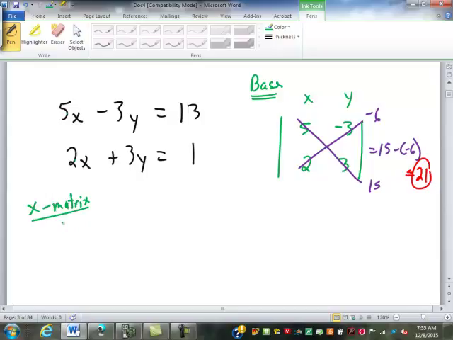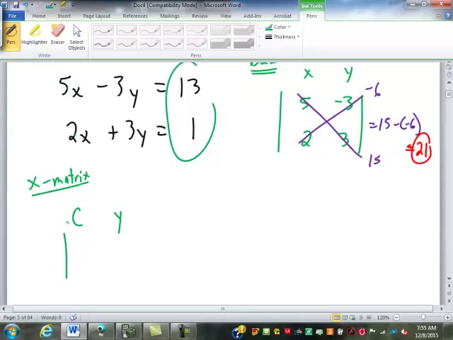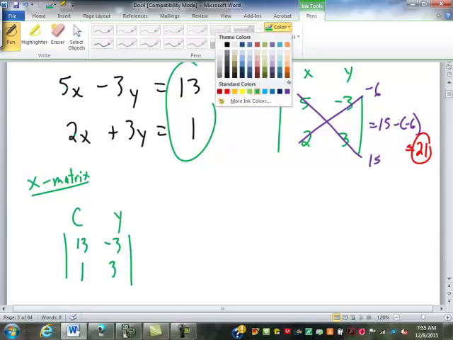Next, I'm going to create an X matrix. Now, the X matrix, kind of counterintuitively, is the matrix without an X. We're going to remove the X coefficients, and we're going to replace them with the constants. So instead of the 5 and 2, we're going to put in 13 and 1. And then we do have negative 3 and positive 3 here.